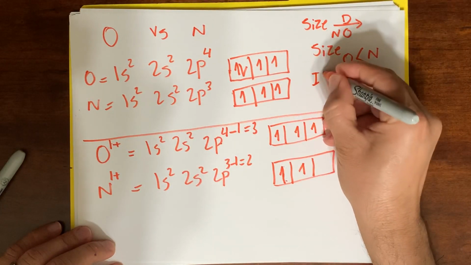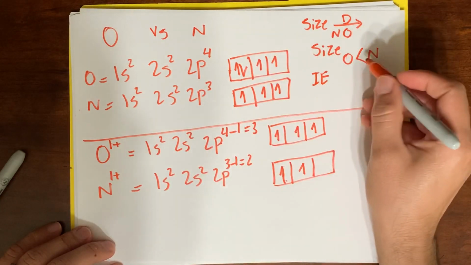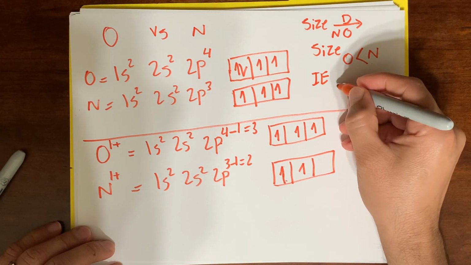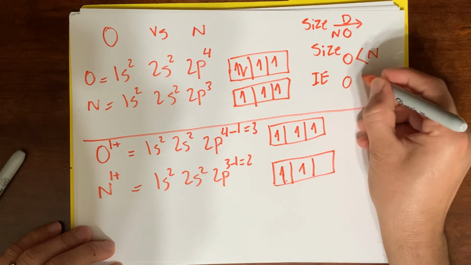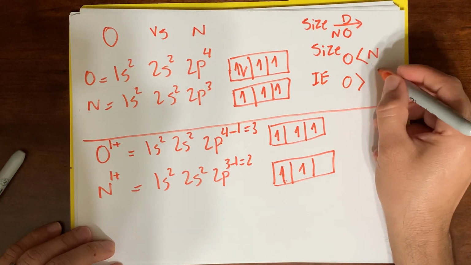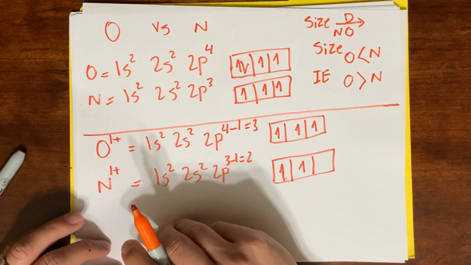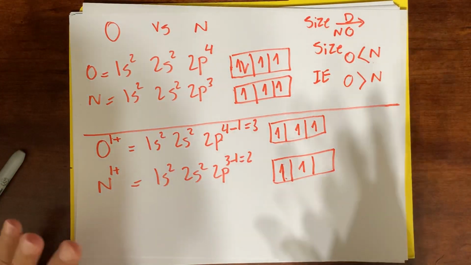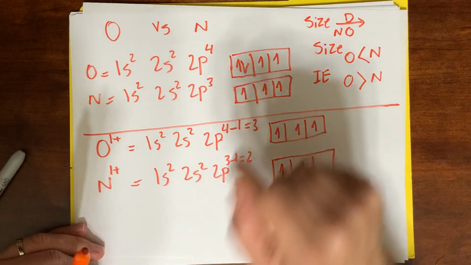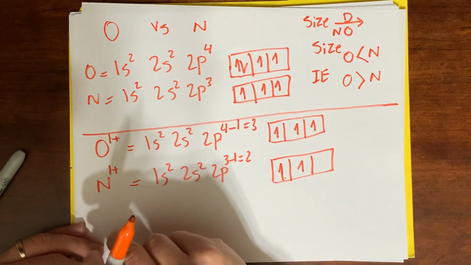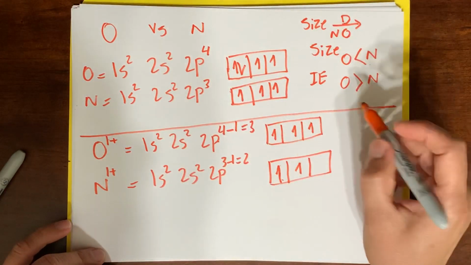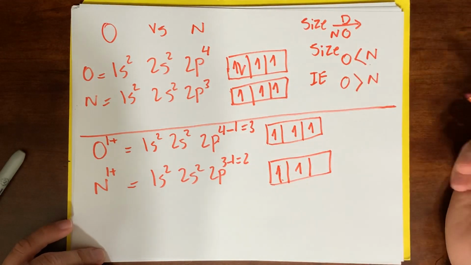So the expected trend for ionization should be opposite of the size, and you should expect that oxygen will have higher ionization energy than nitrogen. Yes, this is true until you start digging inside the last orbital, and you will see something that is paying off some of the energy that we spent to take the electron.